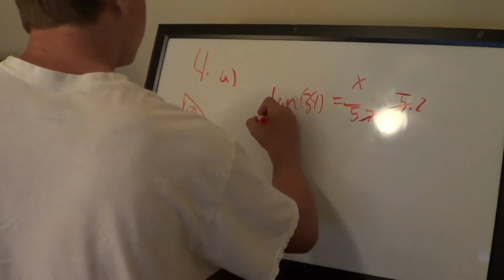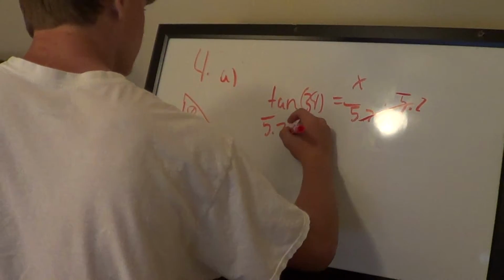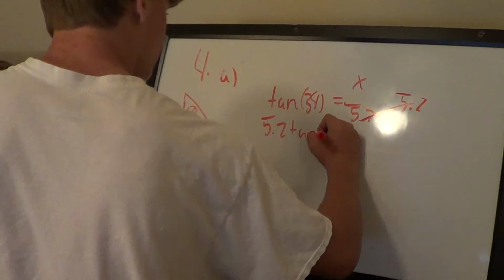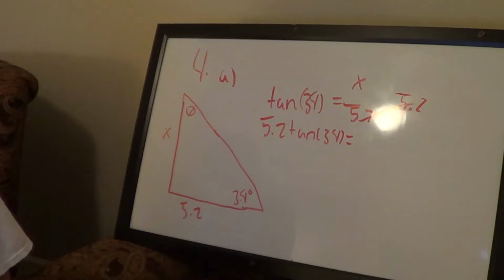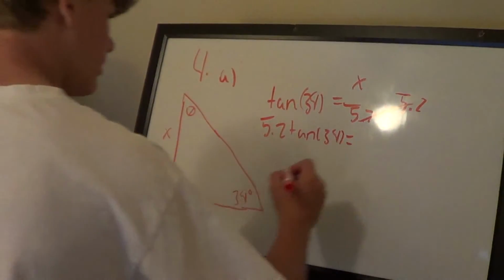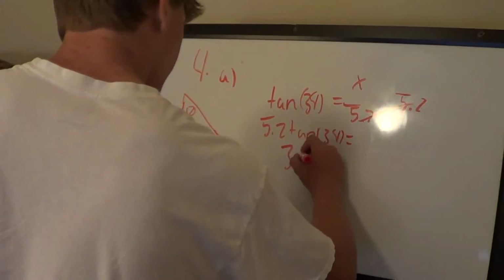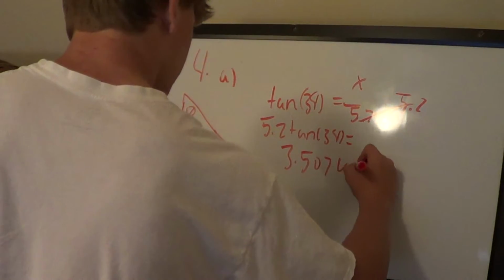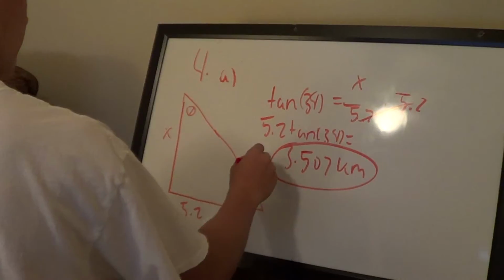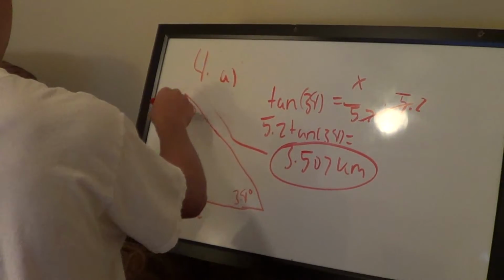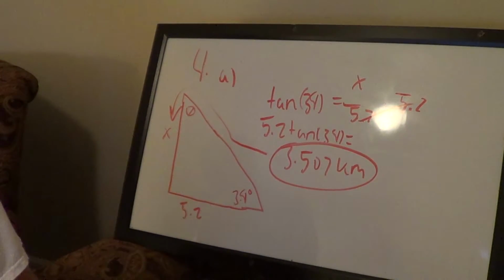So 5.2 tangent 34 equals, and that was 3.507 kilometers. And that is the answer to A. That's the height of the missile.